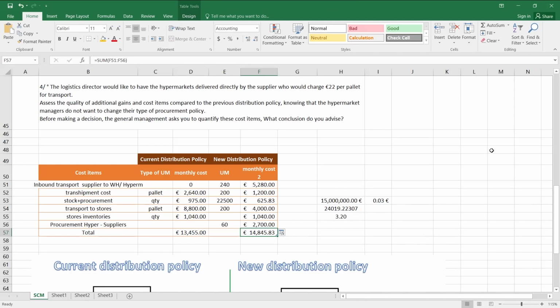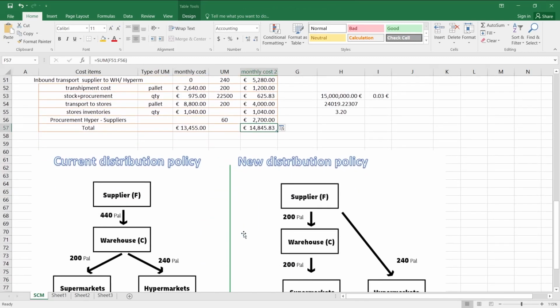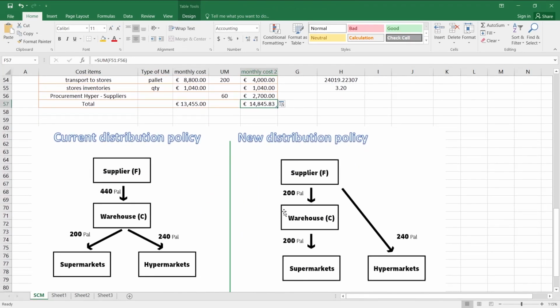And of course, we are making some savings, especially in terms of transshipment cost, but also in the stock procurement. We are also making huge savings in terms of transport to stores, and this has to do with the volume that has decreased, because basically from the warehouse we will get only 200 pallets transiting via the warehouse instead of having 440 pallets.